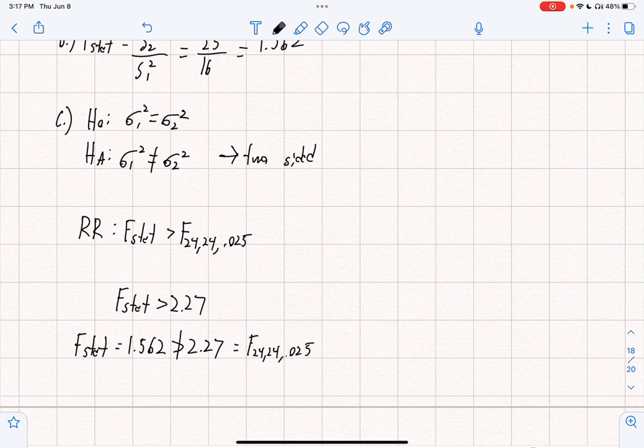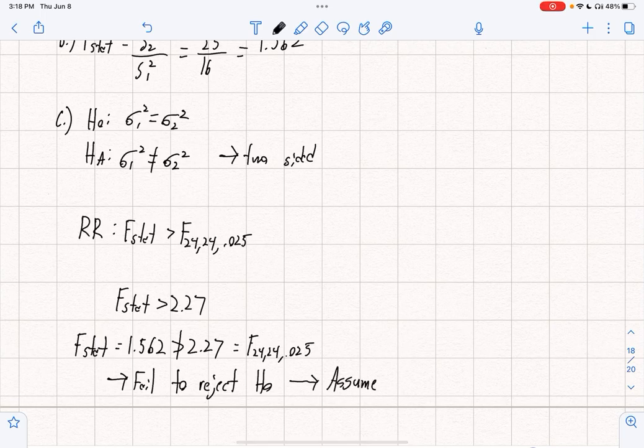Because F-stat is not bigger than our F critical value, that means we fail to reject H naught. And so we will assume equal variances.